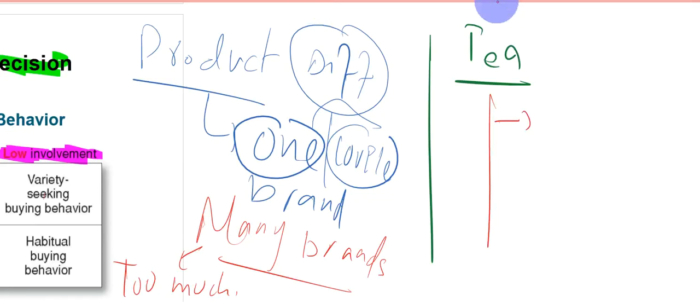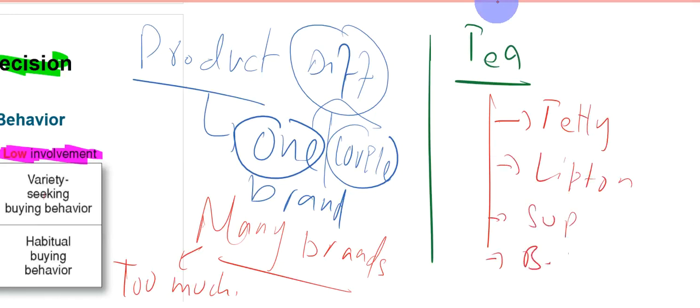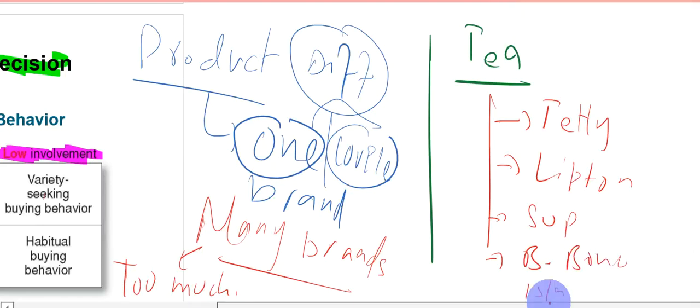For example, consumer will see Tetley tea, Lipton, Supreme, Brook Bond, Islamabad tea, Tapal, and some other brands.